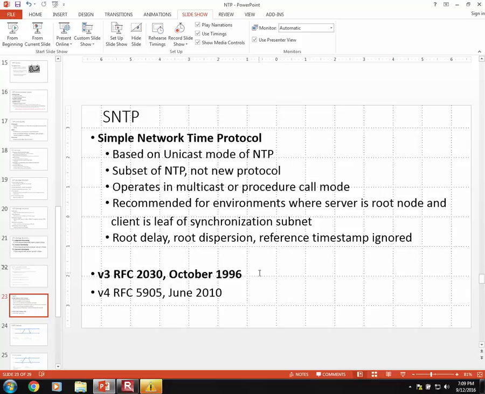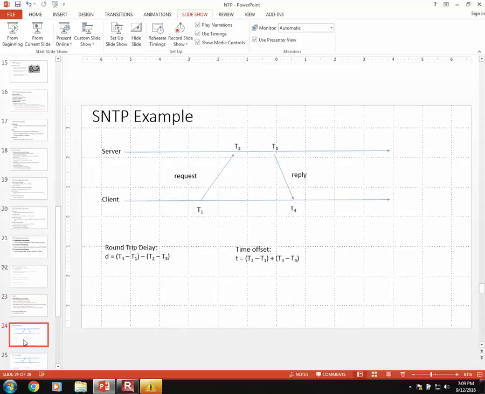But SNTP is a good way to take a look at a simple example of how the clocks synchronize with each other. So imagine you have a server and a client. At time T1, a request for time is sent from the client to the server and arrives at time T2.